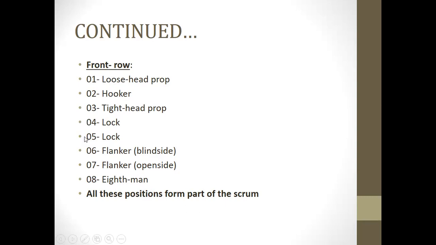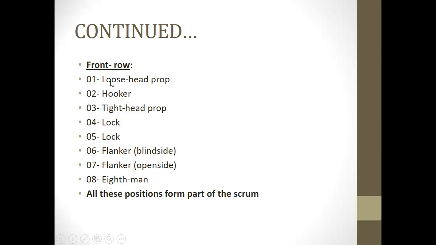Okay, and then all these positions form part of the scrum. These guys will also be responsible for other set plays like the line out. So when a line out is taken, the hooker is always the one to throw the ball in. So every time the ball goes out of play, the hooker throws the ball into the line.